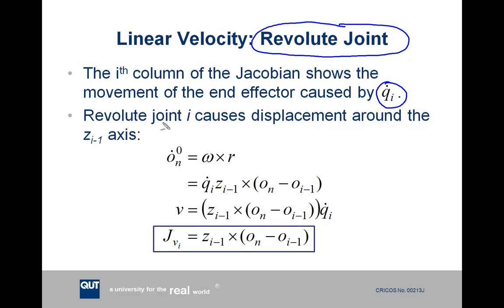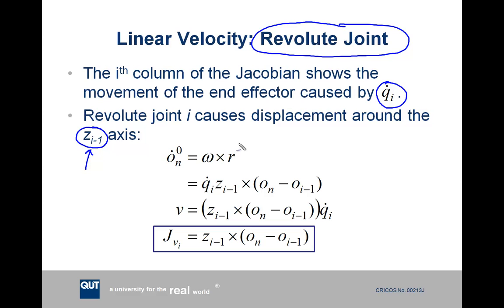A Revolute joint causes a different type of movement of the end effector, and because joint I is a Revolute joint, it rotates around its own z-axis. So the z-axis for joint I is z I minus 1. That's the axis it's rotating around, and that's defined in that z I minus 1 axis frame.